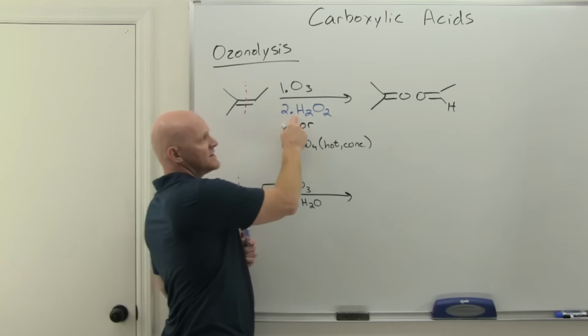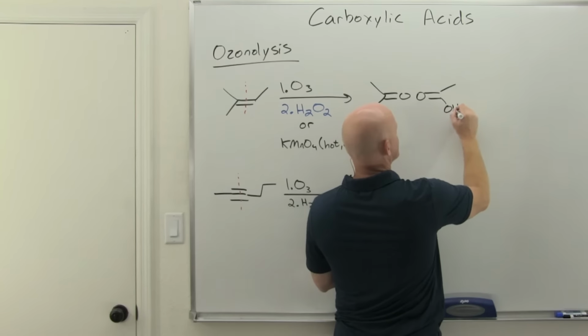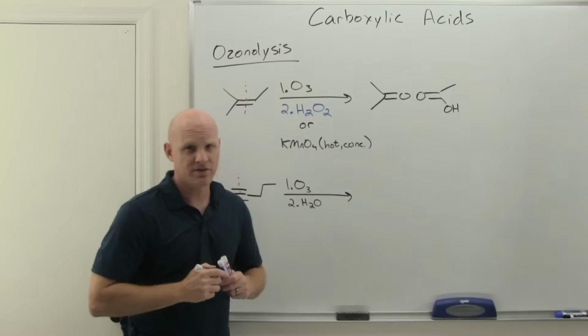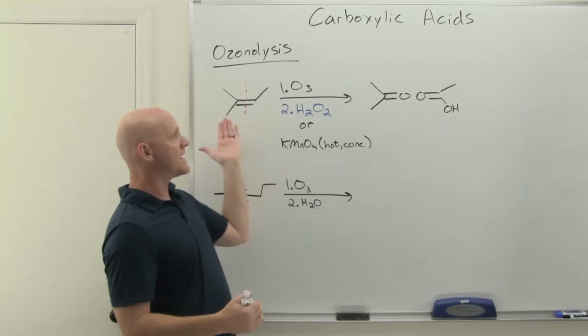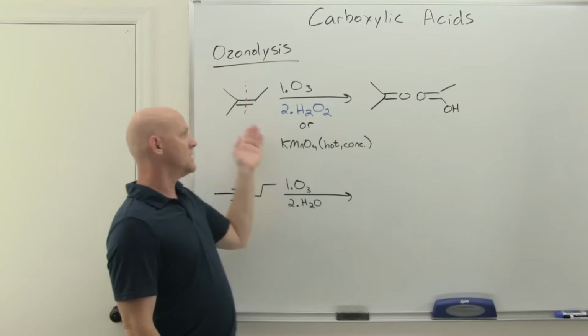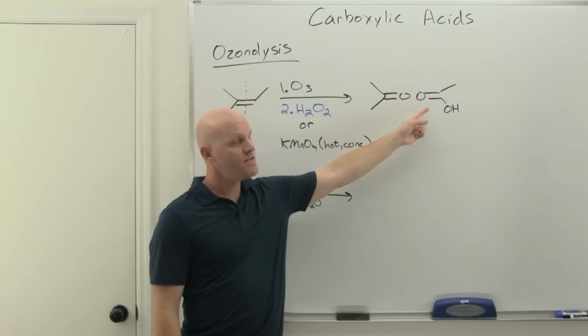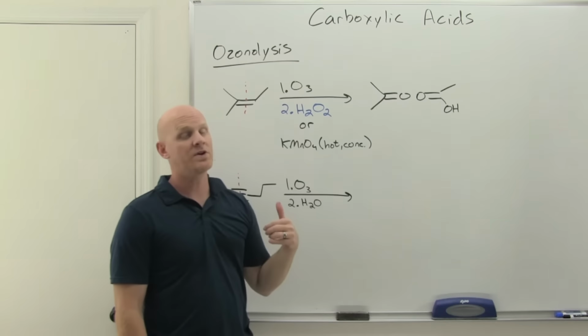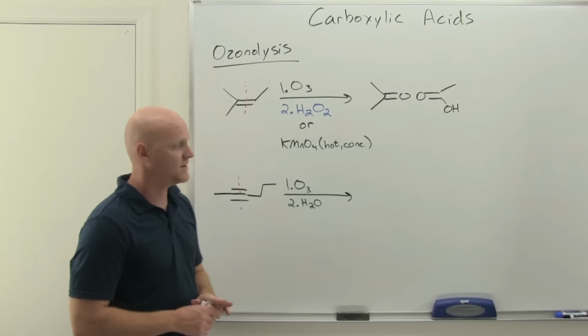But under oxidizing conditions, it gets further oxidized from an aldehyde to a carboxylic acid as your final product. Notice both your products aren't necessarily going to be carboxylic acids. They could be depending on what alkene you start with. But if you get a ketone on one side, it's going to be a ketone no matter what the conditions. It's the other side in this example where we could have gotten an aldehyde under reducing conditions or a carboxylic acid under oxidizing conditions.